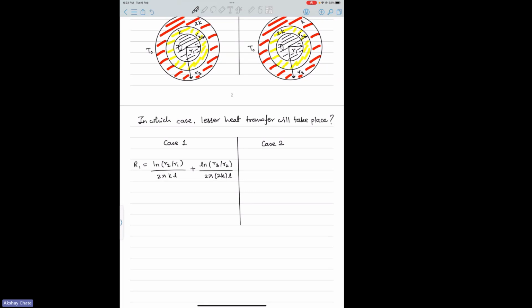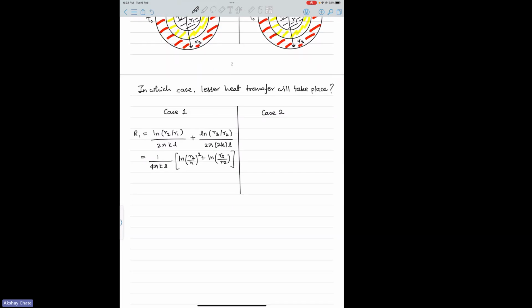You can multiply the first term by 2 and divide by 2, so that you can take 1 by 4 pi k L common, and you will have ln (R2 by R1) squared plus ln R3 by R2. The 2 will go to the power of the log, because that's the property of ln, the natural log.